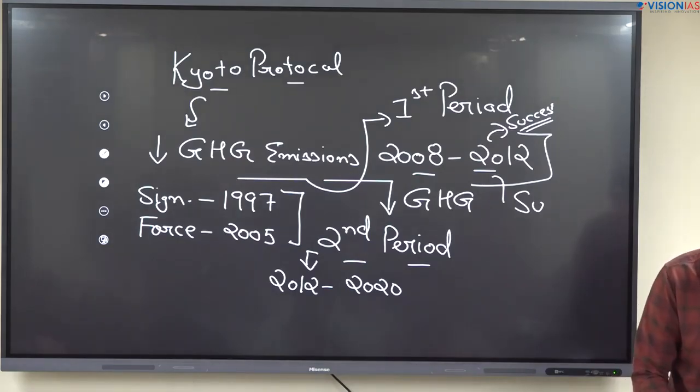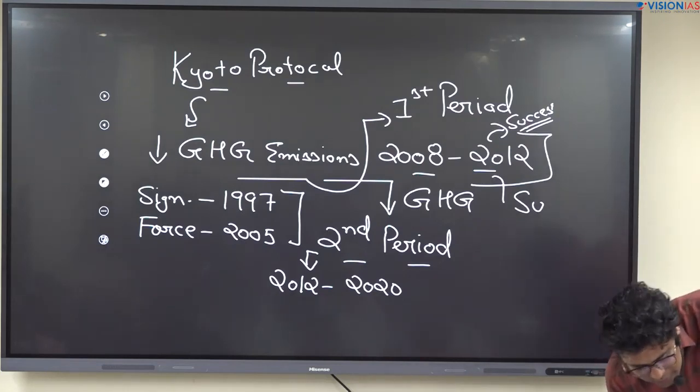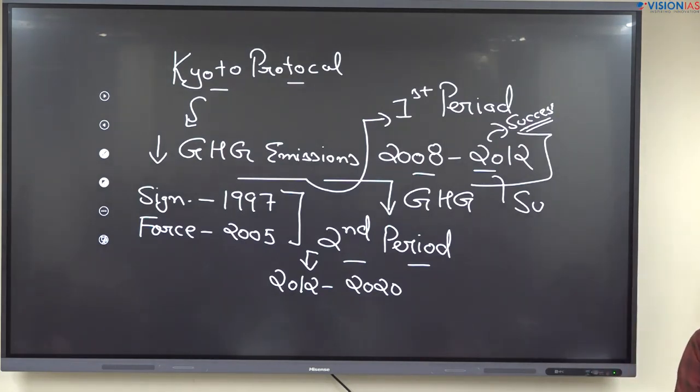Turn the page, come to page number 14 first. What happened in this? Page number 14, I'm reading from the start. After looking at the success of the first commitment period, Kyoto Protocol was extended for 8 years, but with the following conditions.